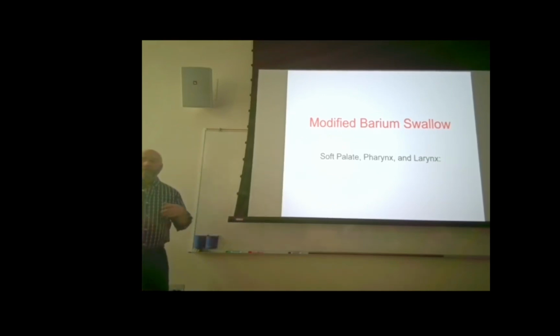Before you get the patient into the room, you're going to mix up some different contrasts: regular thin contrast, regular thick contrast, and then you may have to take some cornstarch or some sort of thickening agent to thicken the thick contrast even more. And if you look through the drawers in your fluoro room, you should find something that looks like a toothpaste tube. It should say barium on it. It shouldn't be any guesswork, it's paste barium.